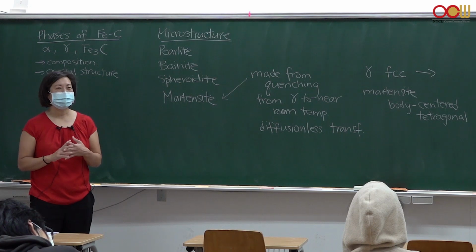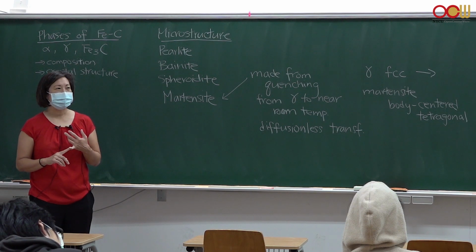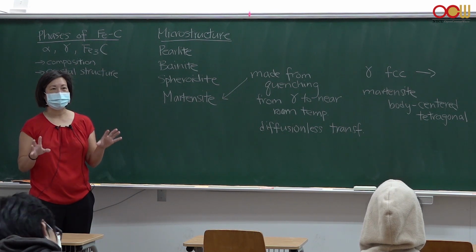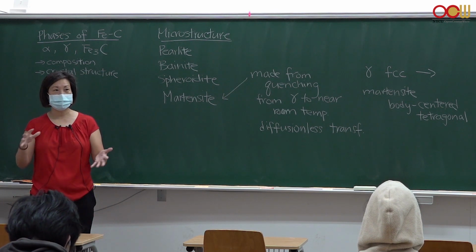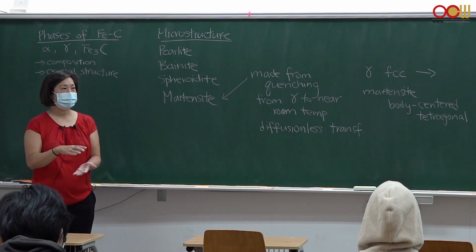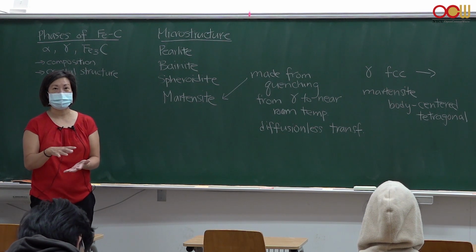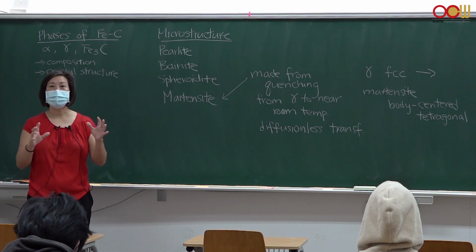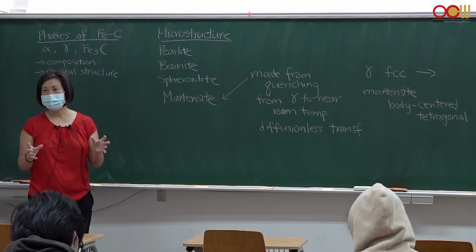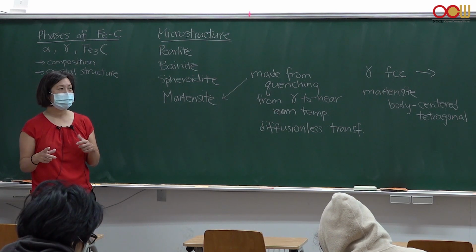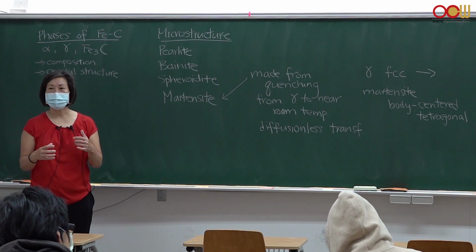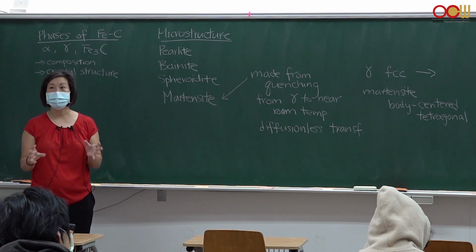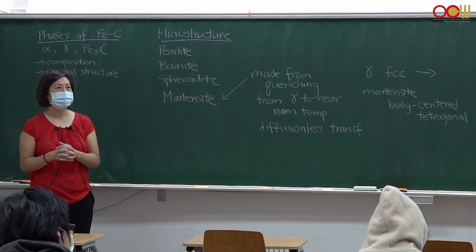This was when we talked about the ceramic material that can be deformed. It was one of the supplemental readings. We talked about a ceramic material that can, at room temperature, undergo a compression of 20% strain without breaking. Remember, deformation generally is the movement of dislocations. But in ceramic materials, because the electrons are localized, it's very difficult for dislocations to move. So there is usually no dislocation movement.